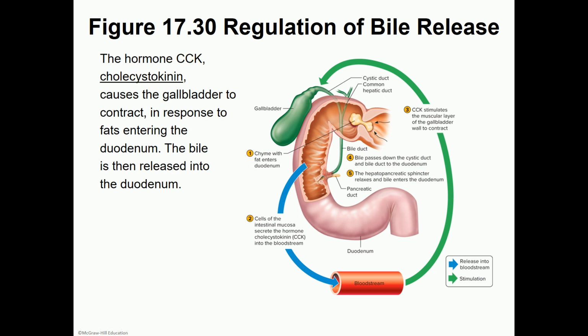And CCK is going to lead to the contraction of the smooth muscles of the gallbladder and relaxation of the hepatopancreatic sphincter. It also leads to the contraction of the smooth muscles in the pancreas to release pancreatic juice. Okay, so all of that, CCK, will eventually lead to the release of bile and pancreatic juice into the duodenum.